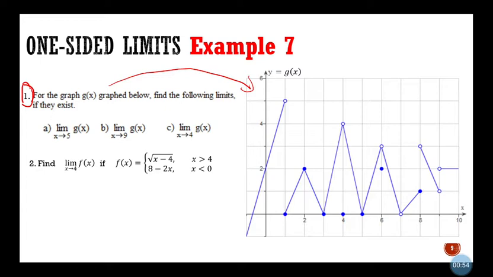So in order to know whether you understand what is going on now, instead of me solving this number 1, I want you to try first. For this example 7, number 1, I want everybody to try first, show your solution on a piece of paper and upload your solution at the Google Classroom.